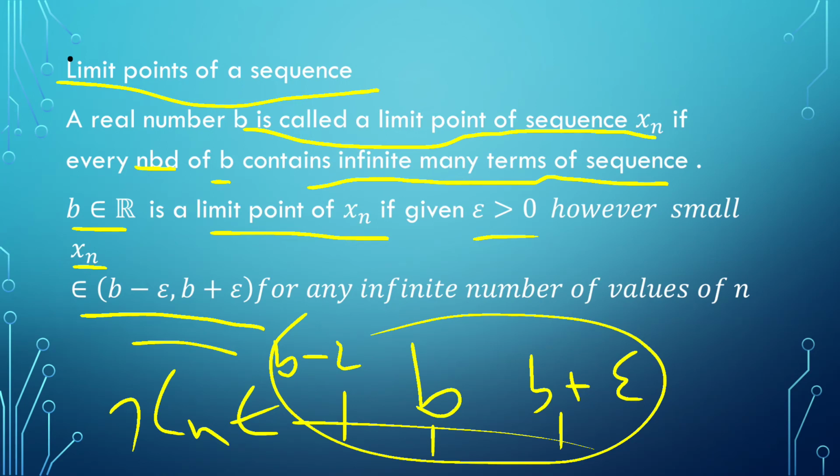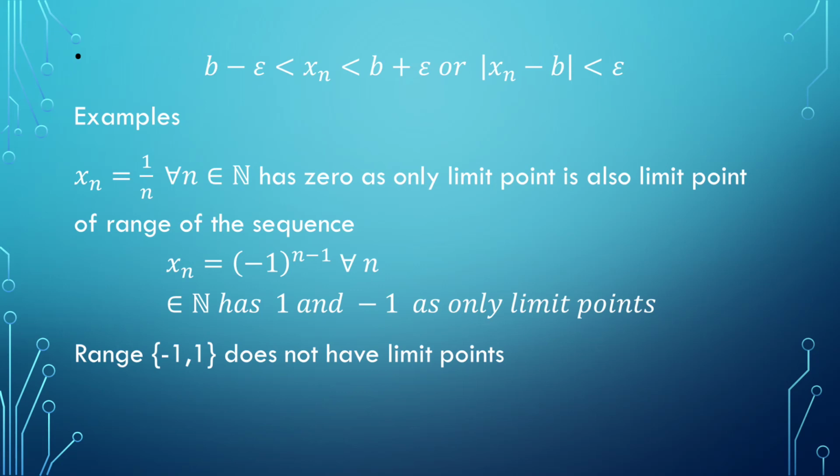It has infinitely many terms of the sequence in the neighborhood, and therefore you'll find that b is now the limit point of the sequence. This is for an infinite number of values of n, and this implies this, and again it implies this. That is definitely true.